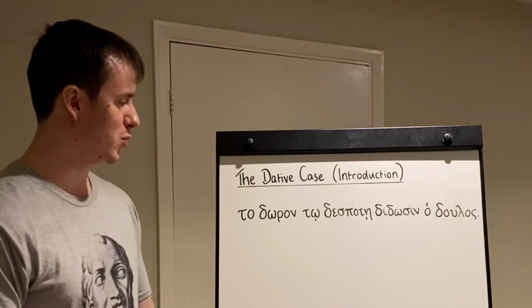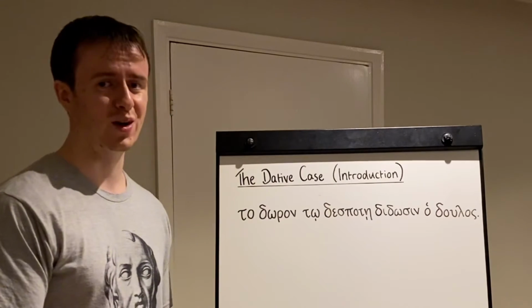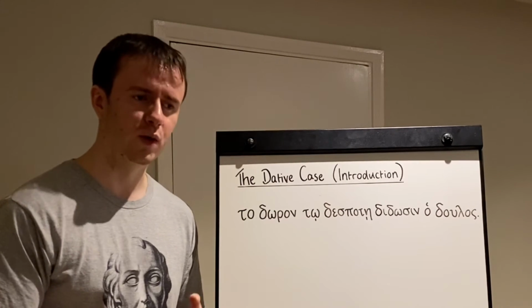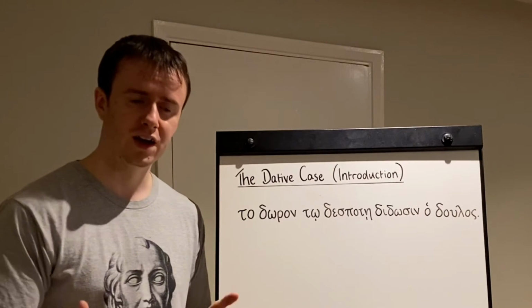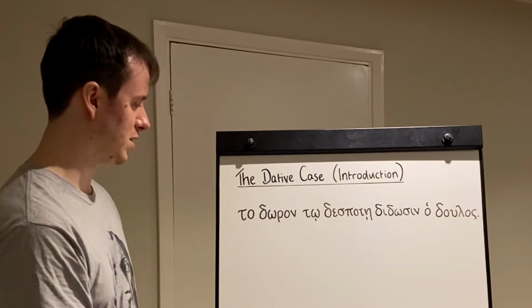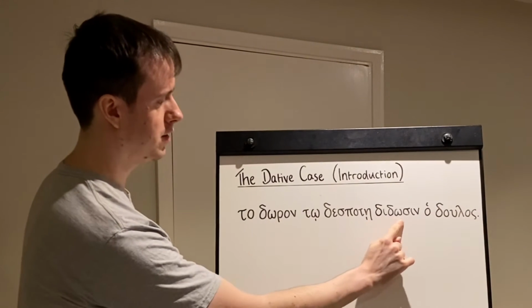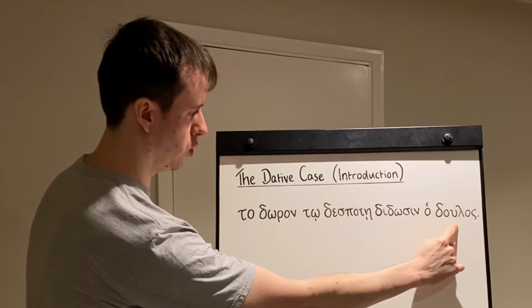Okay, the third example we have uses a slightly different word order to the English word order. So we do need to spot which case each noun is in and then put the sentence together accordingly. Now let's look at the sentence. We have: τὸ δῶρον τῷ δεσπότῃ δίδωσιν ὁ δοῦλος (to doron toi despotei didosin ho doulos).